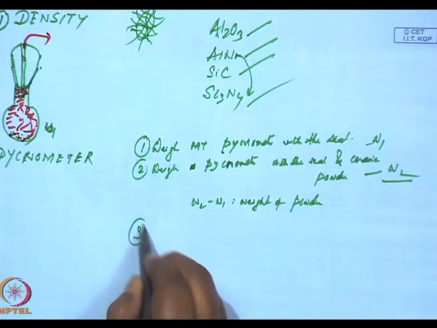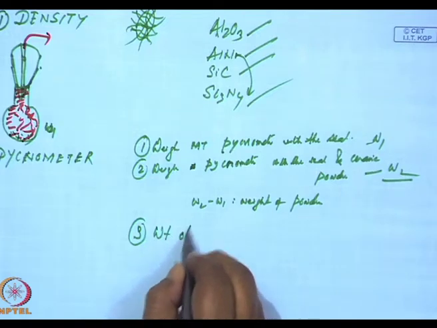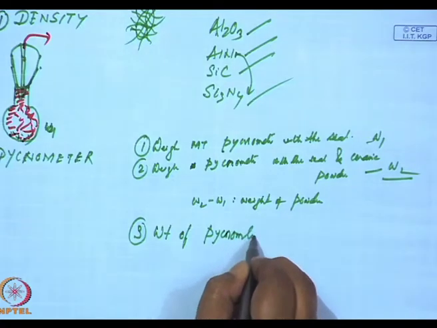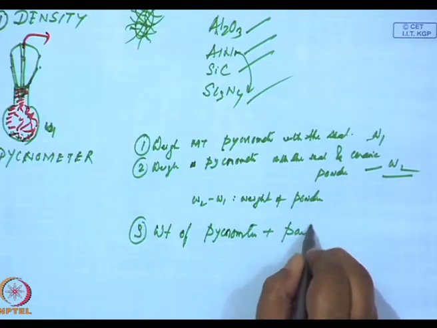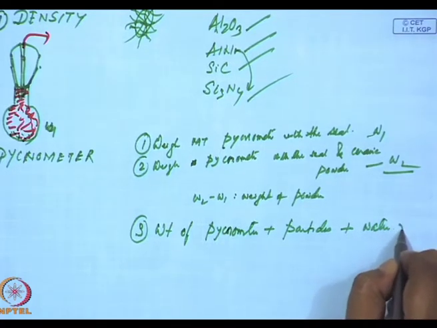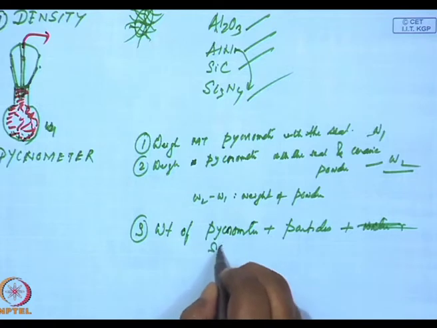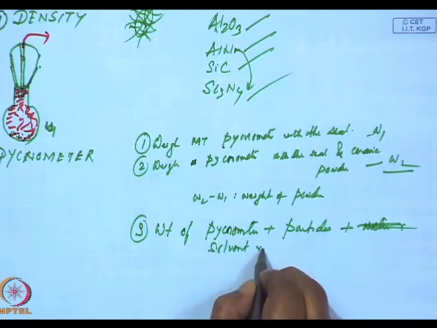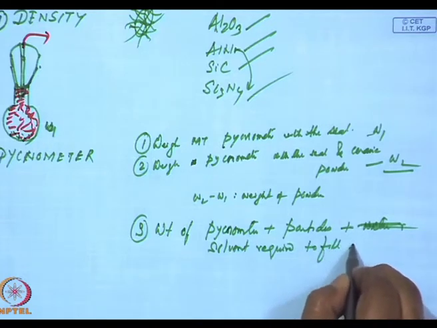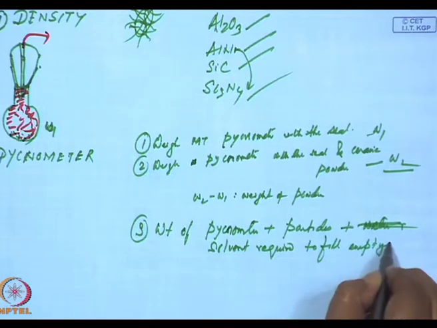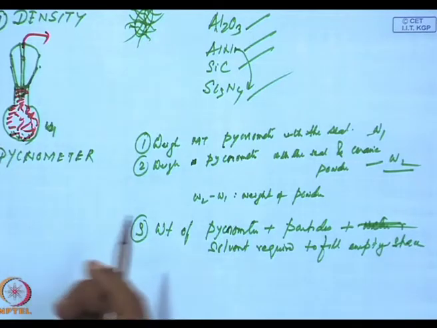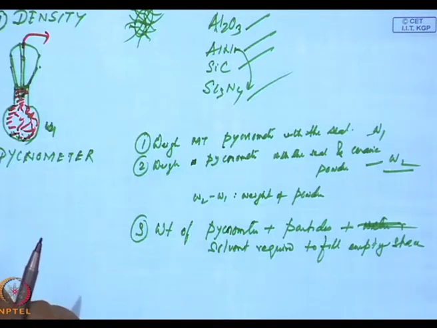Third, weigh the pycnometer plus particles plus water or solvent required to fill the empty space. Because before the solvent was put in, most of the pycnometer was empty.